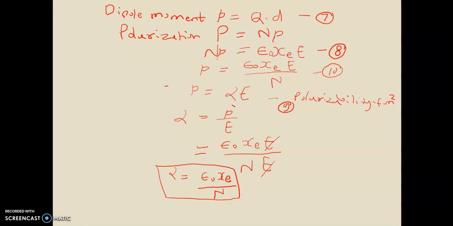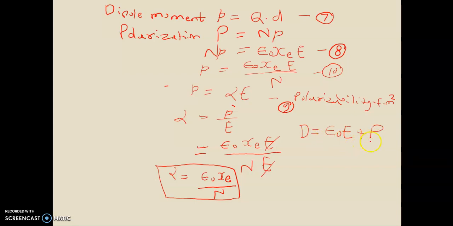Now, we have seen what polarization is. D means electric flux density. In free space the normal equation is D equal to epsilon 0 epsilon r into E. But when you consider flux density in a material, polarization is the flux density that is added due to polarization.